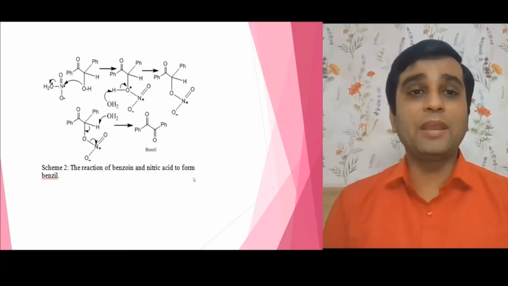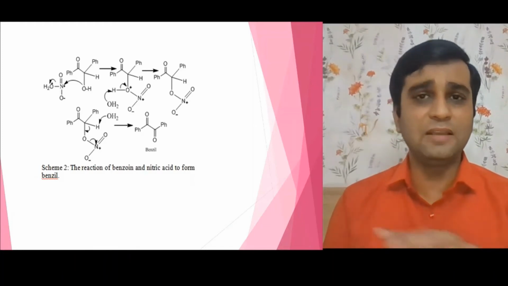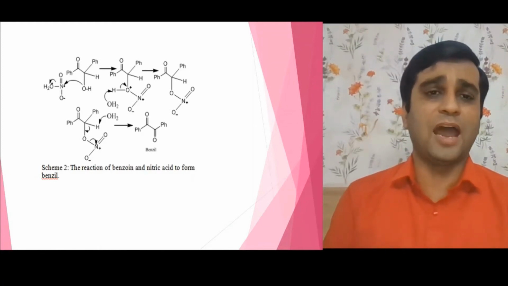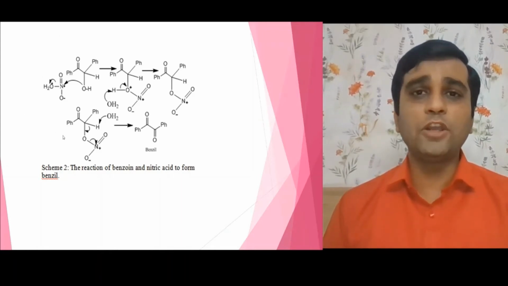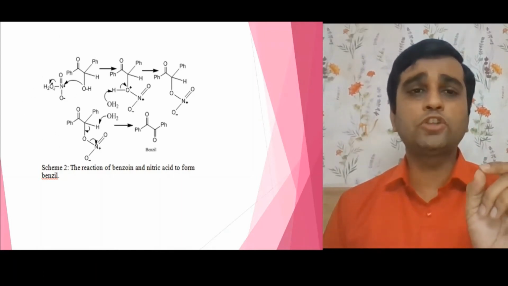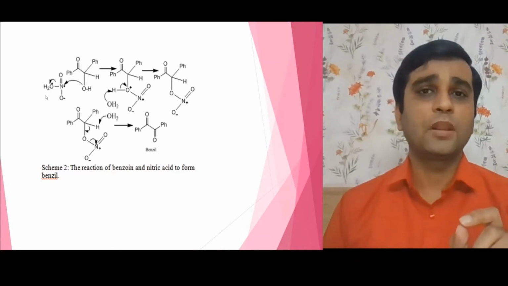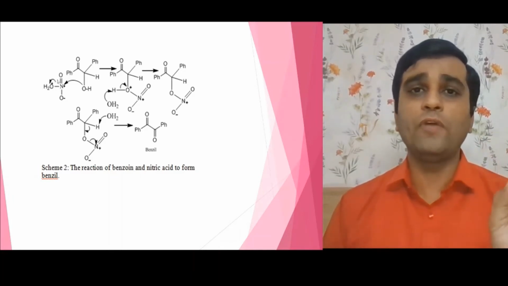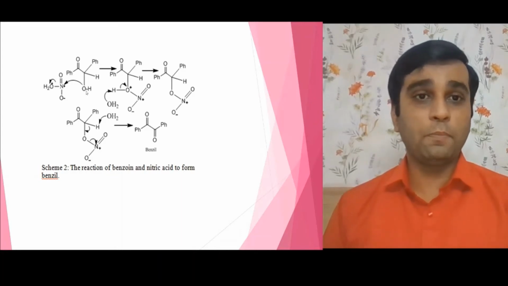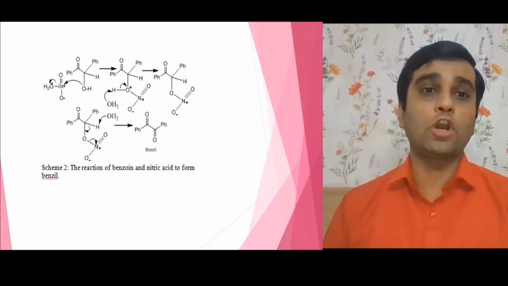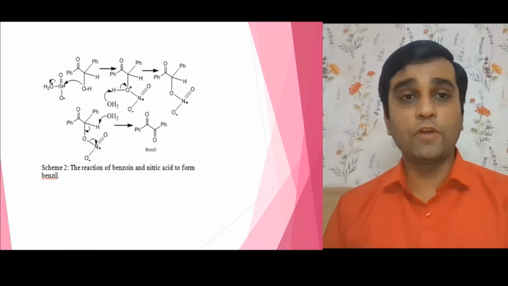Now, when I talk about the mechanism, there are a few simple steps that we have to discuss. As we are using HNO3 solution, the OH group is already protonated. One additional hydrogen is always there in the solution. So the lone pair of electrons present on oxygen will attack the quaternary nitrogen. What will happen?